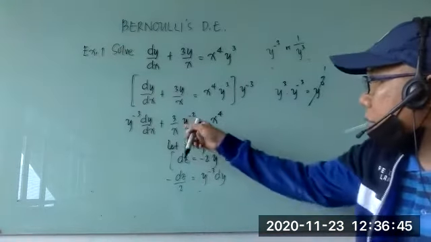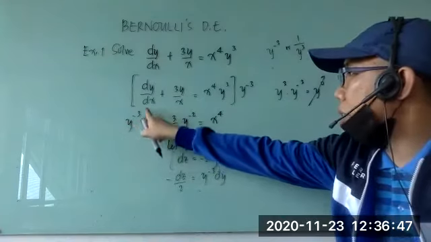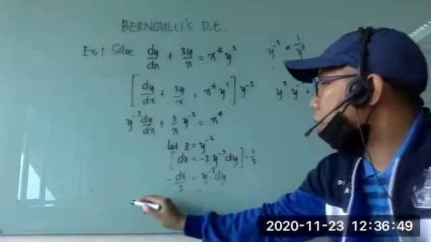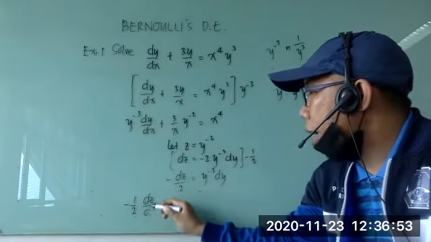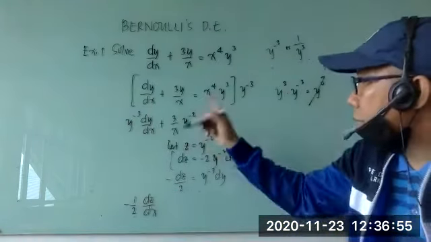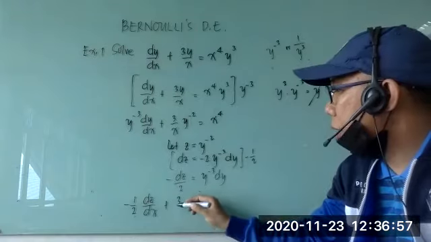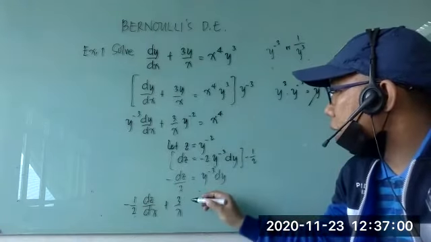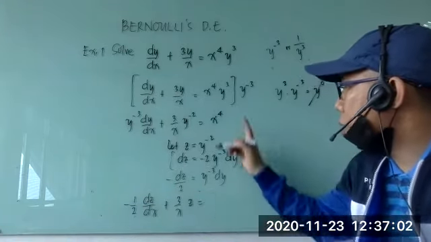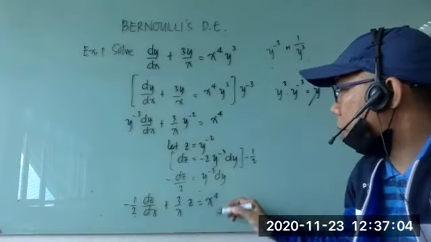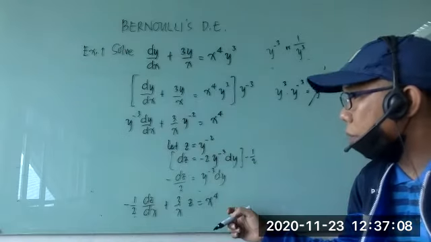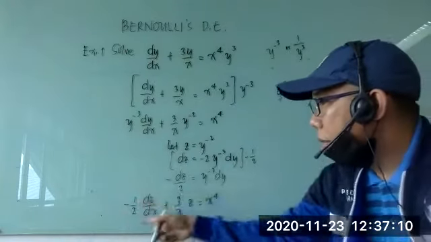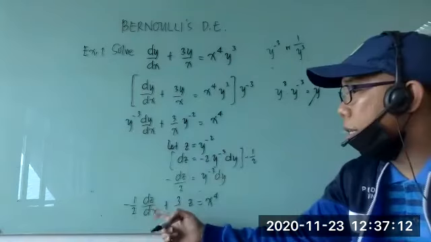Okay, now we plug it in here. So this becomes y raised to negative 3 dy is equal to negative 1 half dz over dx. Second term will become plus 3 over x times z equal to x raised to positive 4. Now, the next step is to put this equation into standard form. How do we do that? We make the coefficient of dz over dx equal to 1.